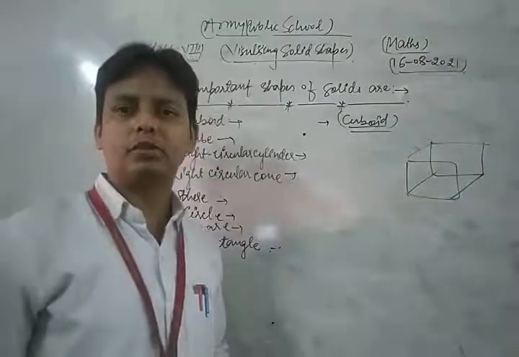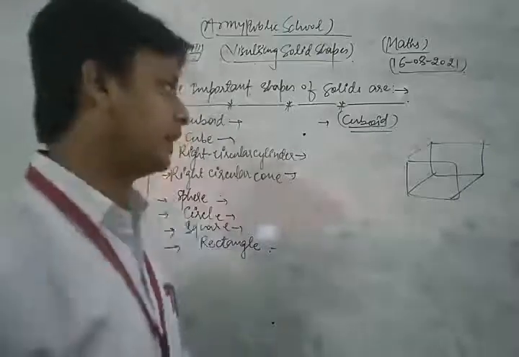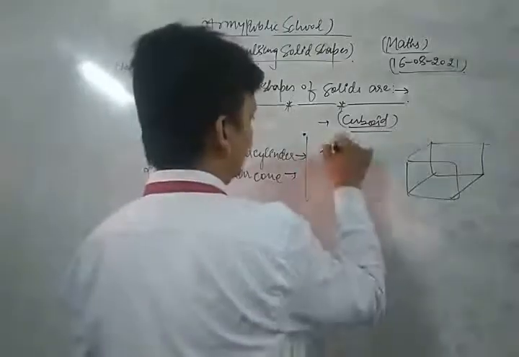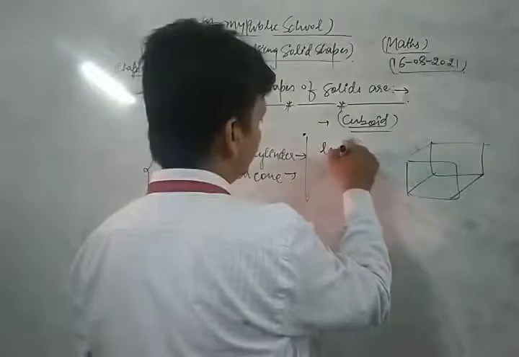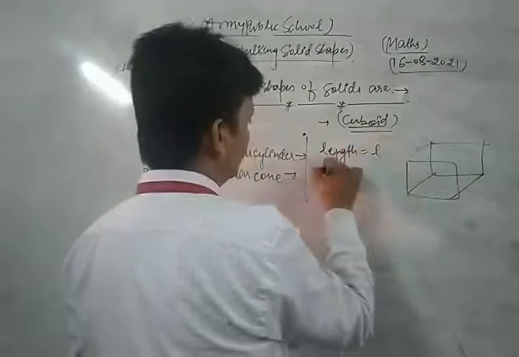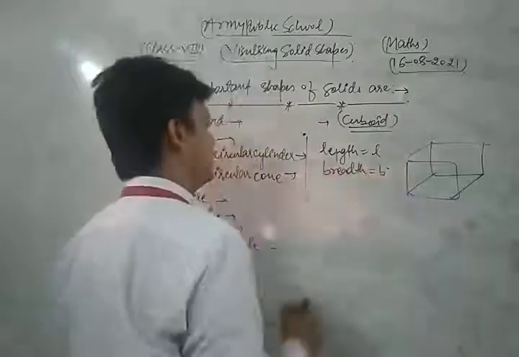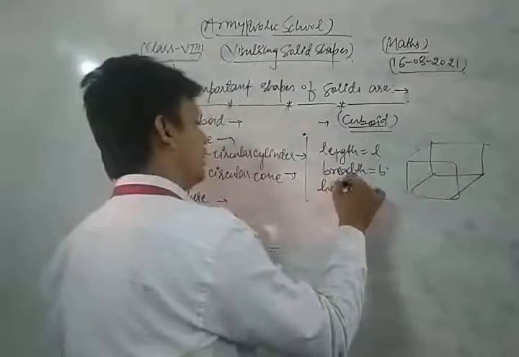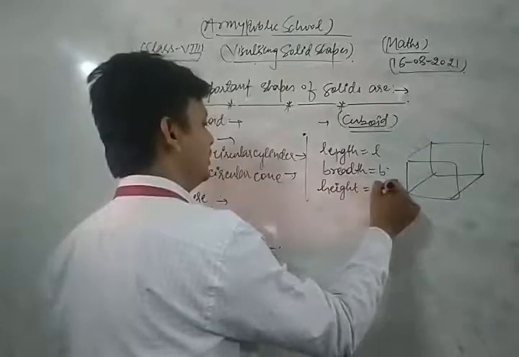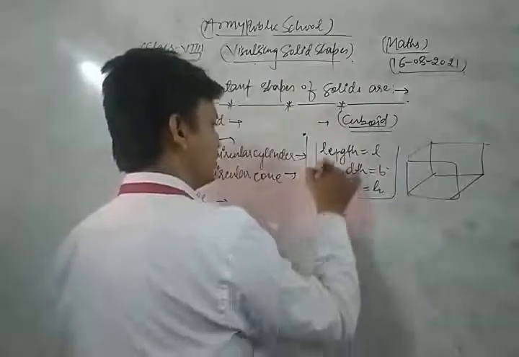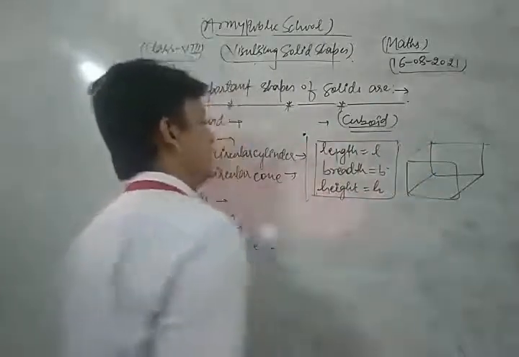These types of solids are referred to as cuboid. So in a cuboid, let the length be L, the breadth be B, and the height be H.